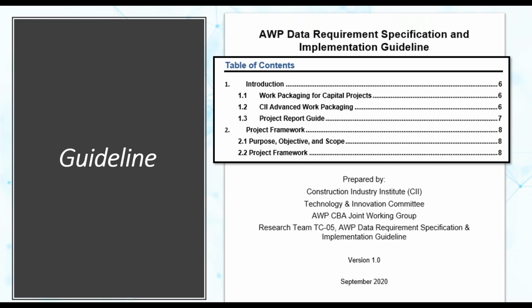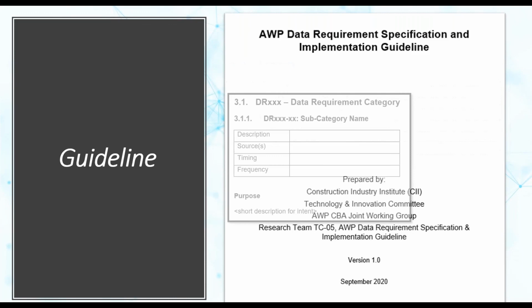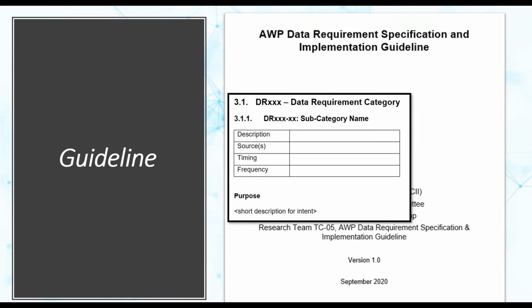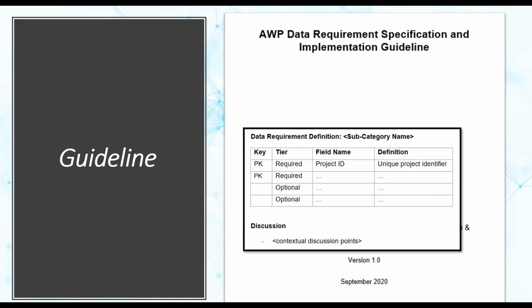Each subcategory would contain the following: a table listing description, sources, timing, and frequency of data collection, the purpose of the subcategory, a full attribute list where we defined every attribute and identified which would be the primary keys, discussion points to provide context where we included tips or the team's perspective on certain attributes, and also sample data.